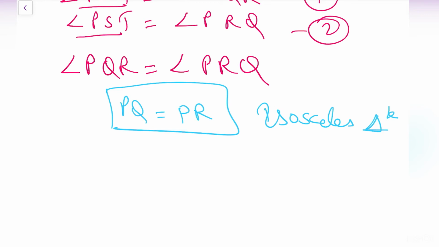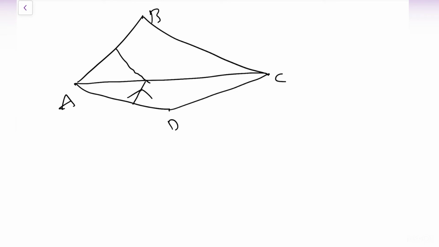Okay, let us check one more type of question. They gave a figure like this, ABCD, with the upper triangle ABC and the lower triangle ACD. The line LM is parallel to BC and the line LN is parallel to CD.